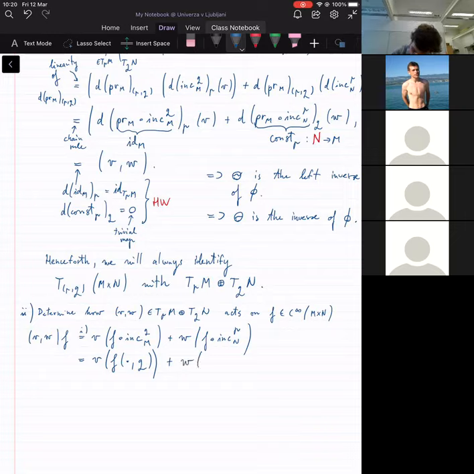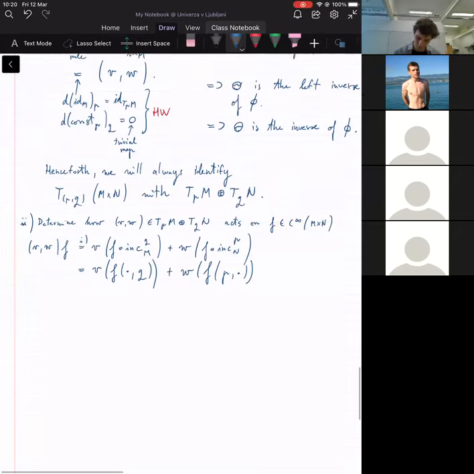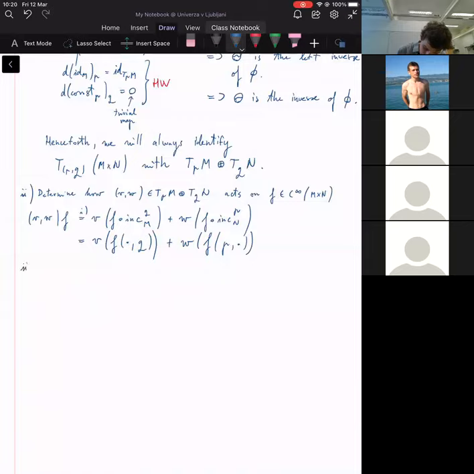And the second one is then f of (p, ·). So this is the end of this exercise, how this couple (v, w) acts on f.